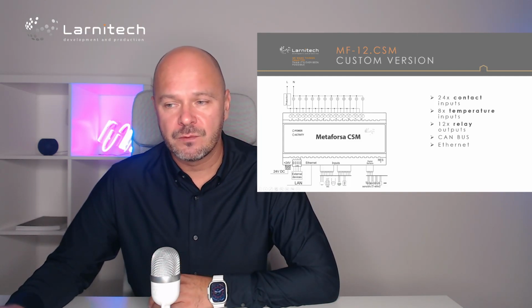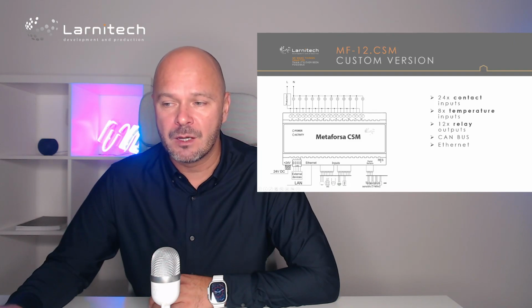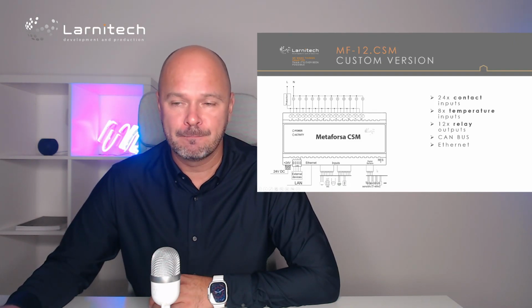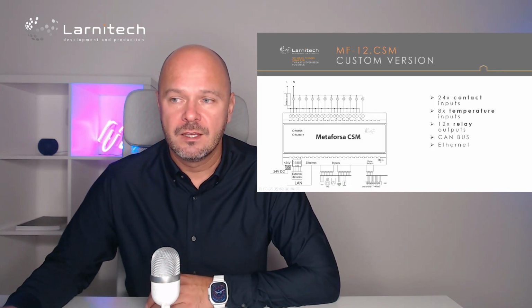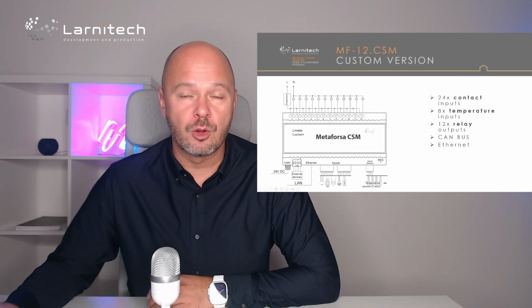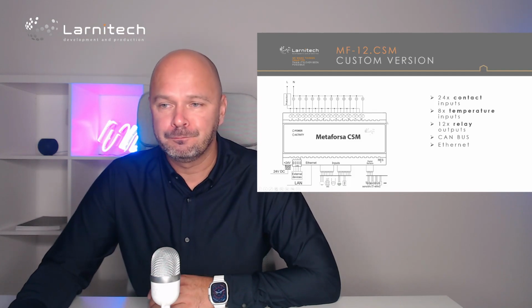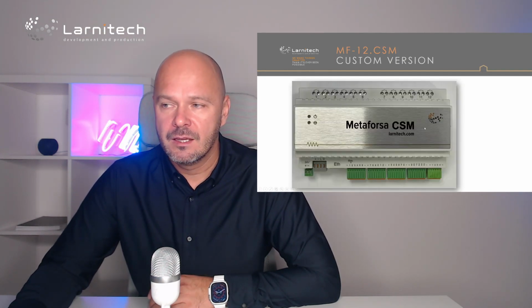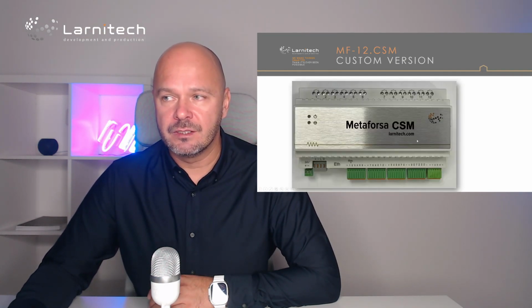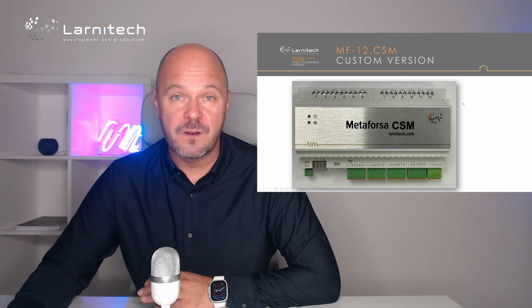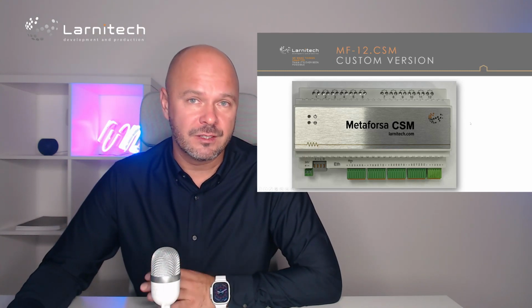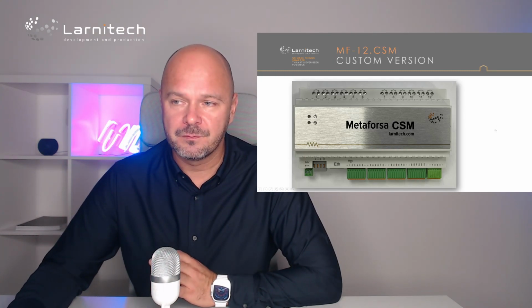And same amount of inputs, 24, and same amount of temperature sensors, 8. Okay? So this is just almost normal Metaforsa, but with a little bit different channel rate. This is what it looks like. So this is a little bit different than normal Metaforsa, but function-wise, it is absolutely the same version.